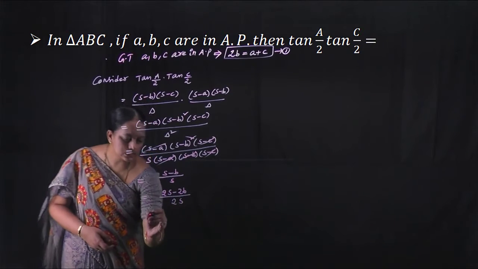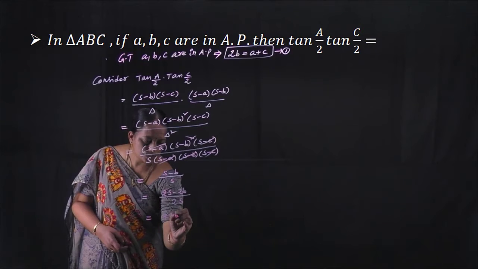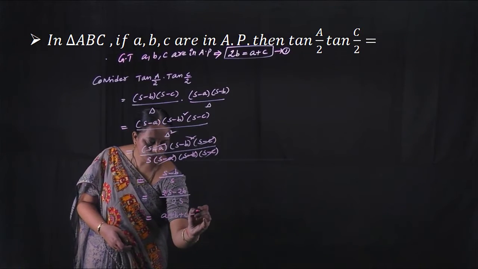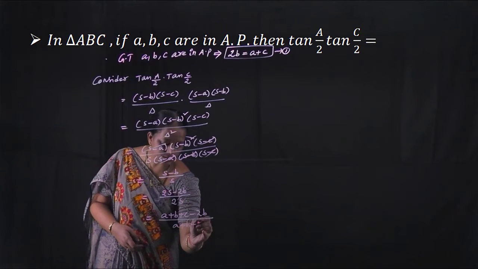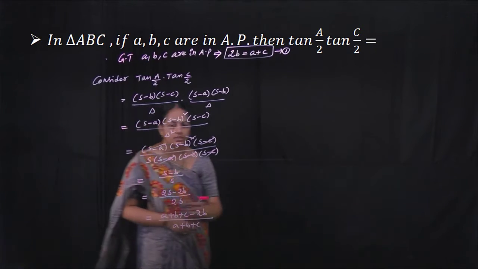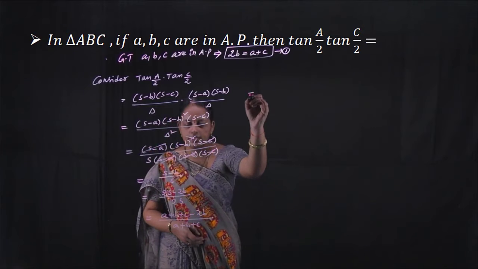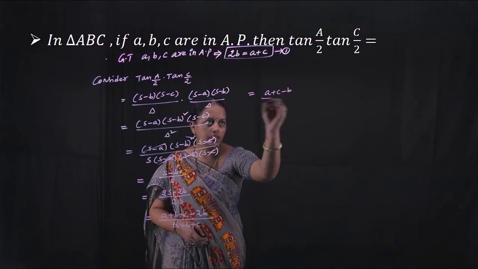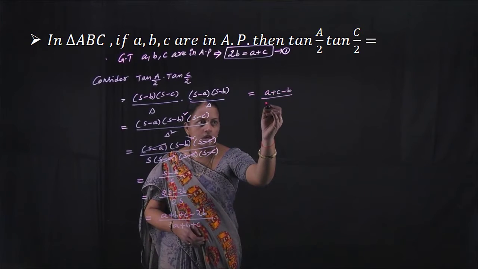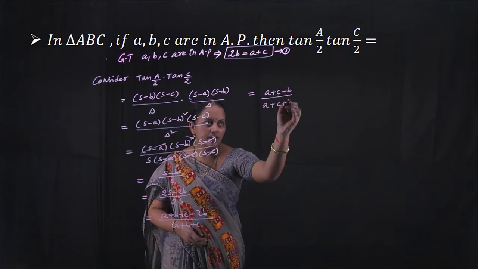Substituting 2s equal to a plus b plus c, minus 2b, by 2s means a plus b plus c. This is equal to a plus b plus c minus 2b, means a plus c minus b, by the denominator, which can also be written as a plus c plus b.